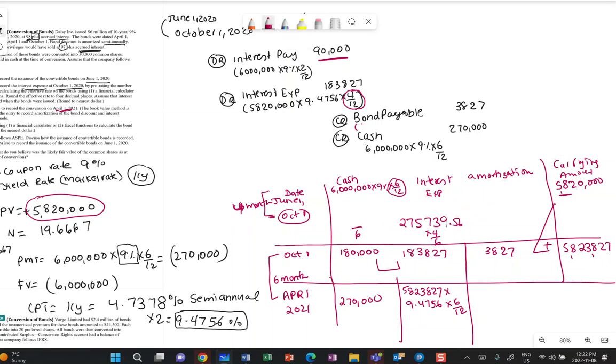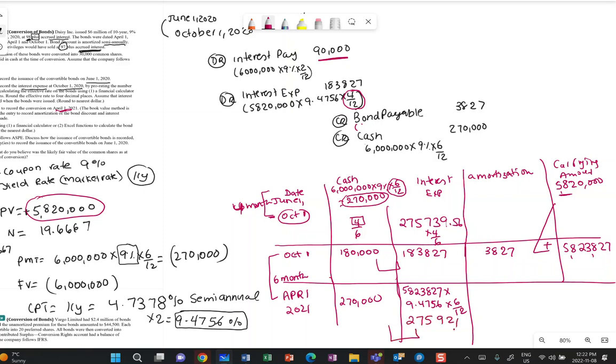I think I erased a little bit too much, but that's all right. In this case it is 270,000, and this is a 6 months payment, and then we're only recording the 4 months out of that 6 payment. So if I do it by 6 over 12, it will give me 275,921.